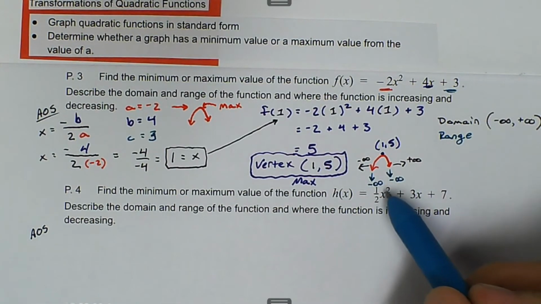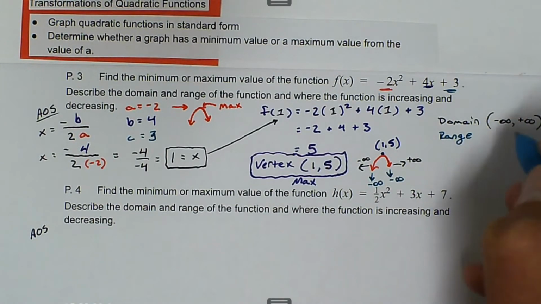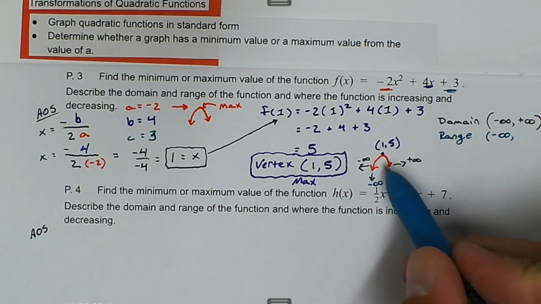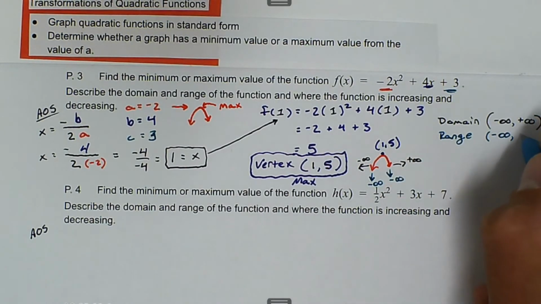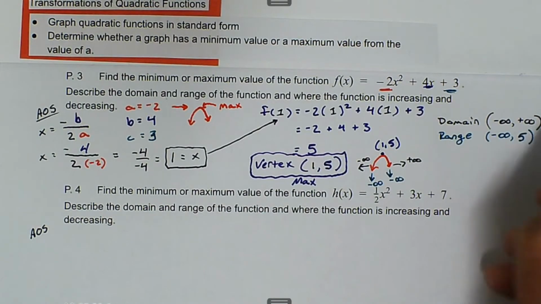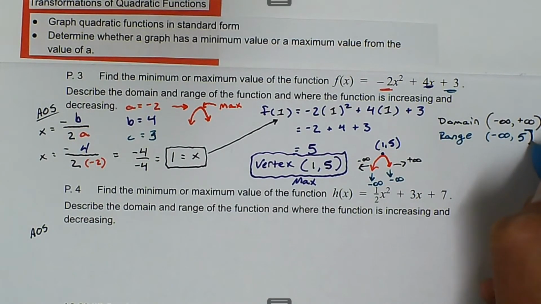So we start at the lowest, which is obviously negative infinity. We're not going to get any smaller than that. Then we go up to the highest y value, which is located at the vertex, in this case 5. And 5 is included, so we have to make sure we change that to a bracket.